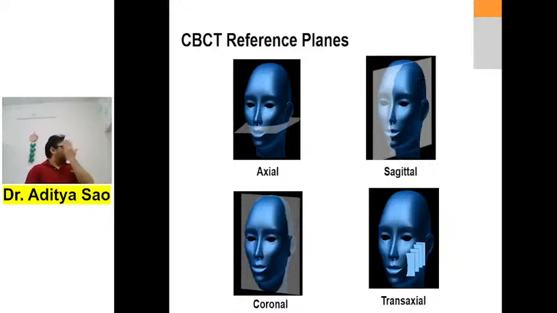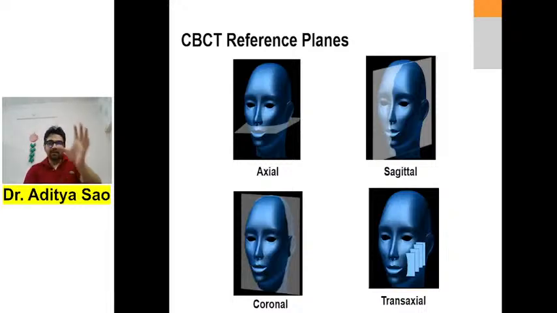If you are seeing my side profile, that is your sagittal view. If you see my front, as you have been seeing all this time, that is your coronal view. These axial, sagittal and coronal views are very common in both CBCT and CT. What differentiates a CT and a CBCT is the transaxial view.